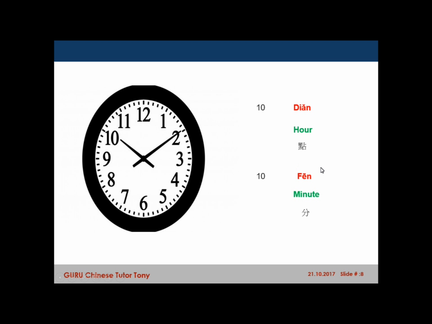You can see the clock is 10:10, so the time is 10点10分. You just put the number before the 点 and the 分.